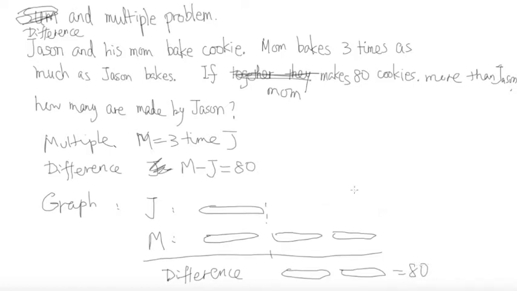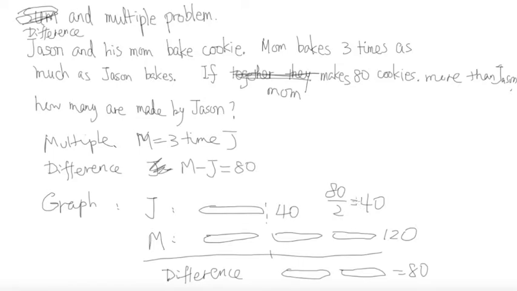It's just 80 divided by 2, which equals 40. So the problem can be solved exactly as before. Each bar represents 40, and Mom bakes 3 bars, 120. You can check: 120 minus 40 equals 80. The difference is 80, and Mom does make 3 times as much.